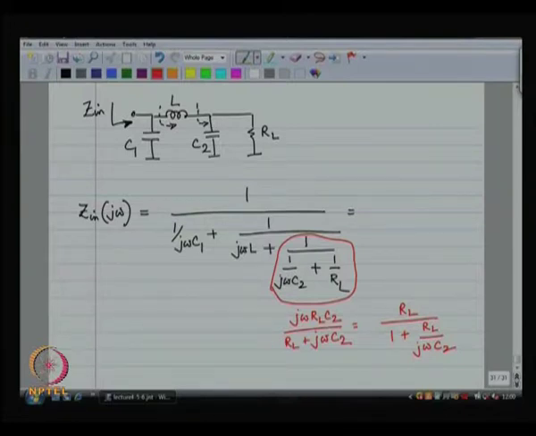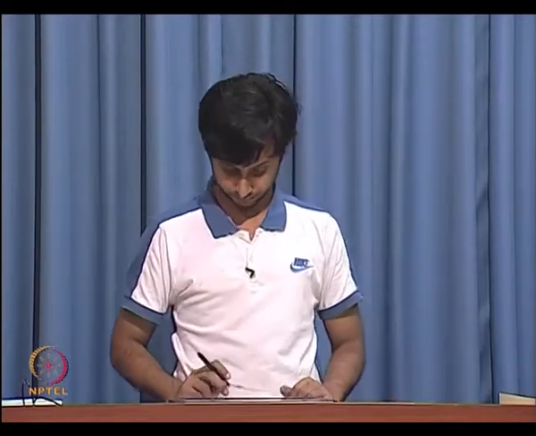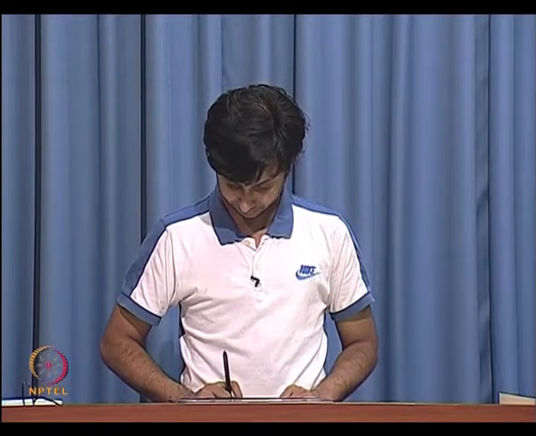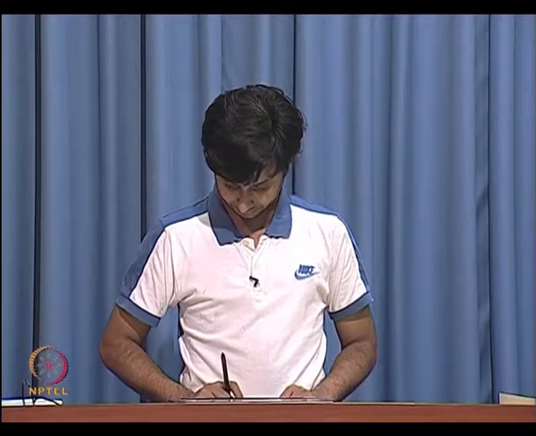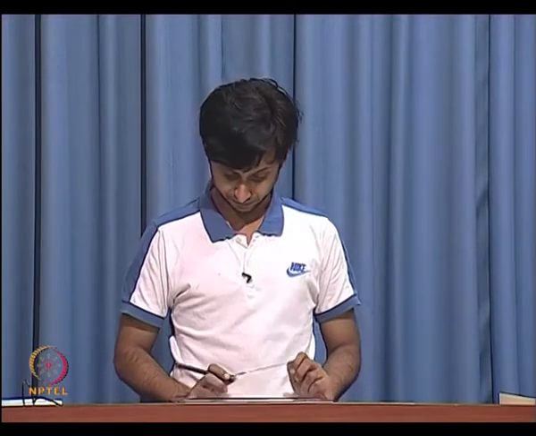So, at low frequencies the impedance is R L, and at high frequencies as omega tends to infinity, I have made further mistakes. I have made mistakes here.